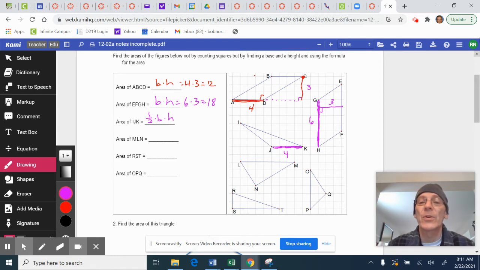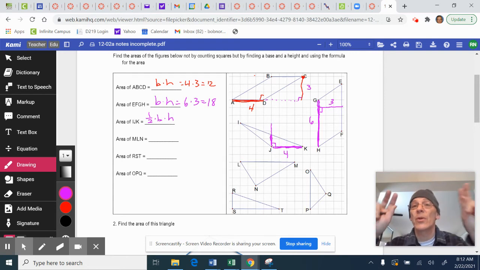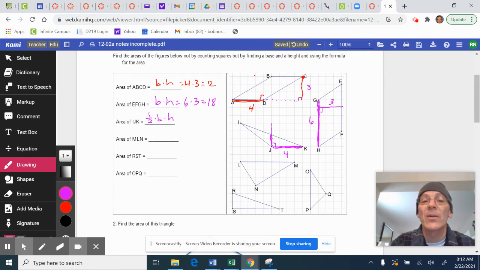So this is 4 units for the base. Now the height would go perpendicularly from that base. Now where do I stop? I don't stop there. Okay, I keep going until I reach the quote-unquote top of the triangle, which is here. And how long is that? That is 3 units tall.